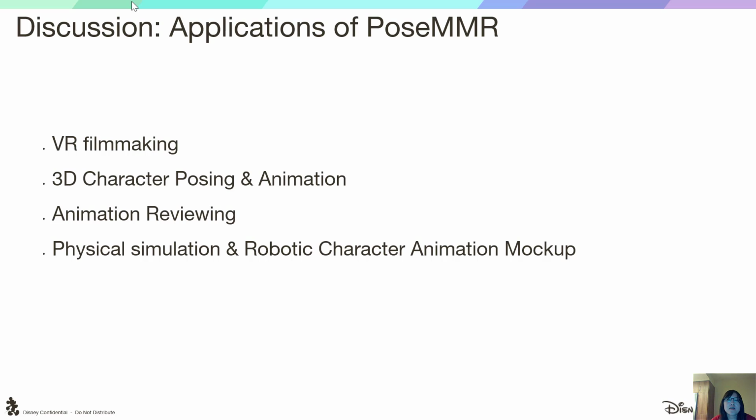Lastly, our system can be used for physical simulations or robotic character animation mocap. For some robotic characters, it takes forever to make the actual robot work. However, they can use an AR headset to make the character work, as a simulator.